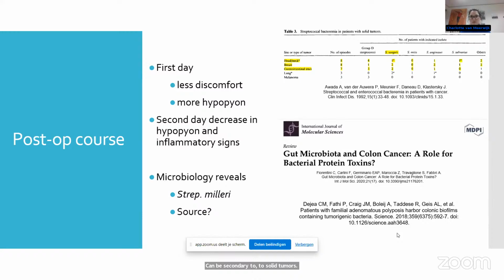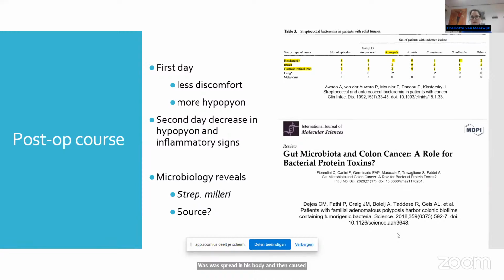As for example, the neck, the head, the breast. So there was also diagnosis done in this patient, and in the end, a colon carcinoma was diagnosed, and probably that could be the reason that the bacteria spread in his body and then caused his endophthalmitis.